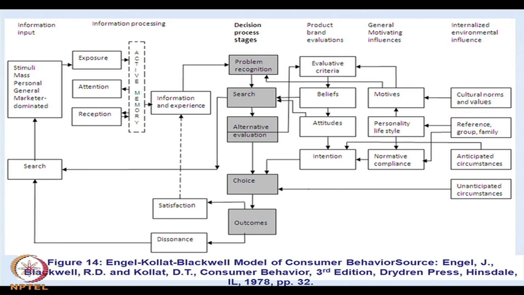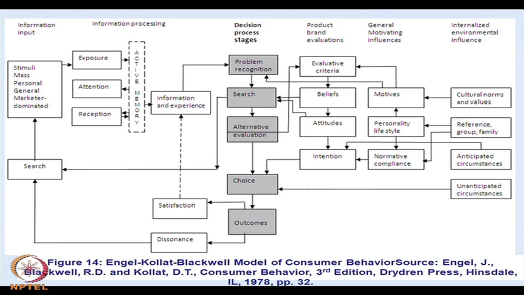Now, this outcome could also be in the form of a dissonance or an uncertainty or an anxiety or a feeling of tension which a consumer may face post purchase. So, both satisfaction and dissonance are going to have an impact later on the information on the purchase process in the next cycle. For example, satisfaction will have an impact and gets stored as an experience in one's memory.